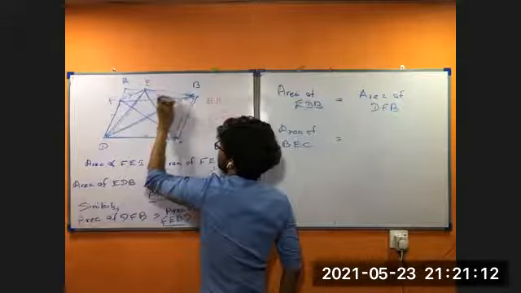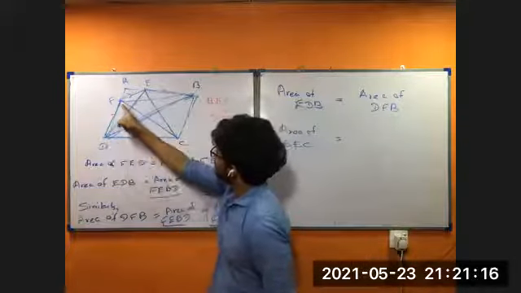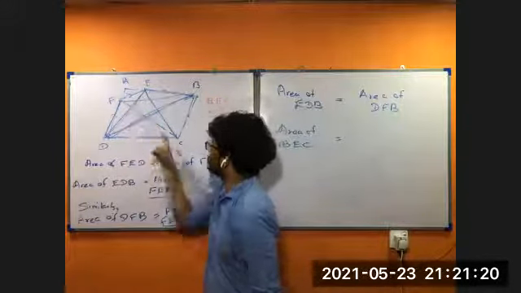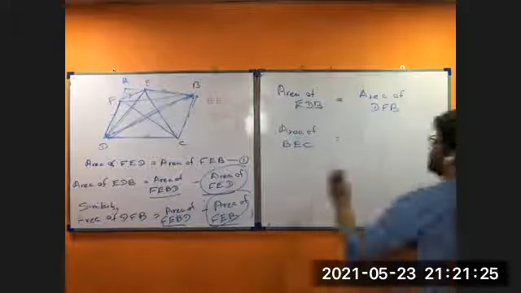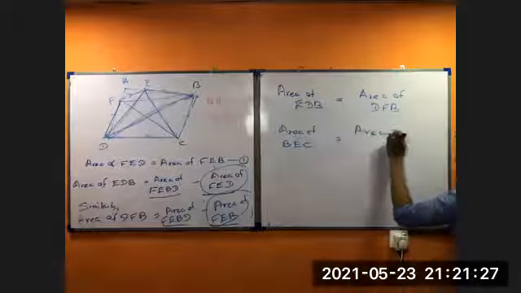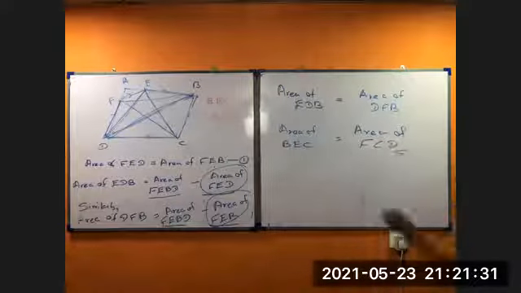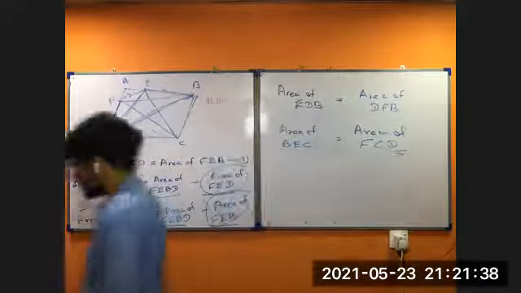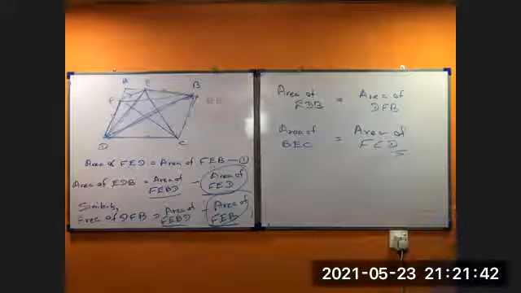If that is DBF, that is also equal to this, right? Same base between same parallel lines. So instead of DFB, I can write FCD. So you can write area of FCD. So that is what we have to prove, right? It was a little bit complicated, I think, but still write it down and you can try it again later.